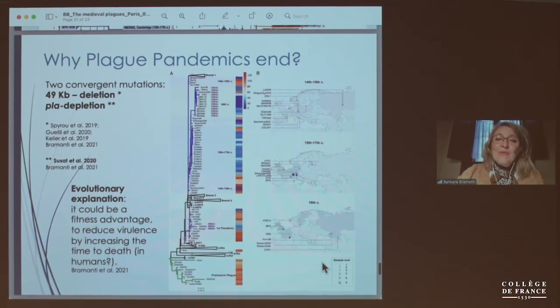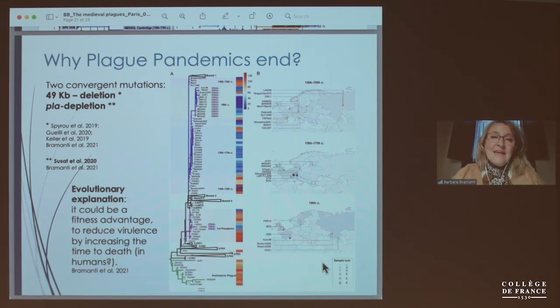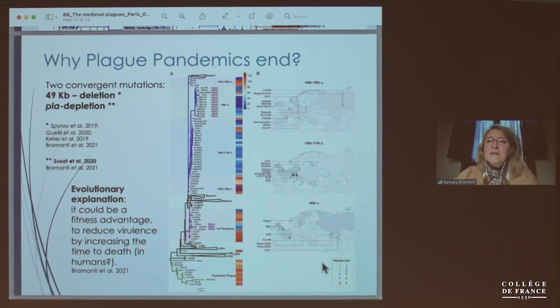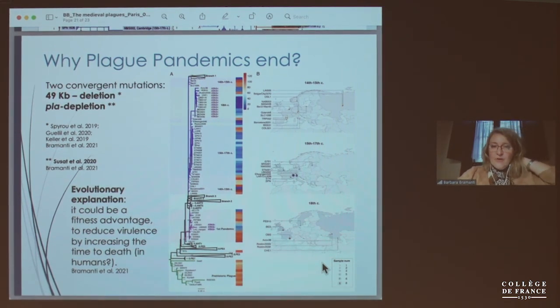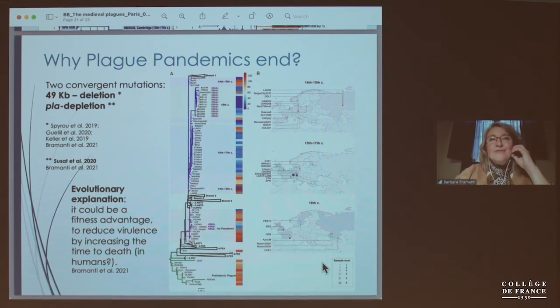Well, in the same paper, we have also analyzed another kind of evidence. We have updated the data of other scholars, and we have seen that at the end of the two main plague pandemics, that means the first and the second, there were two convergent mutations in the genome of Yersinia pestis: a deletion of 49 kilobases, a large part of the chromosome, and the depletion of the pla gene.